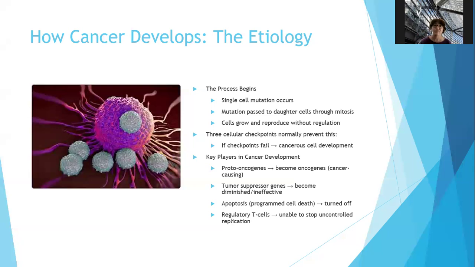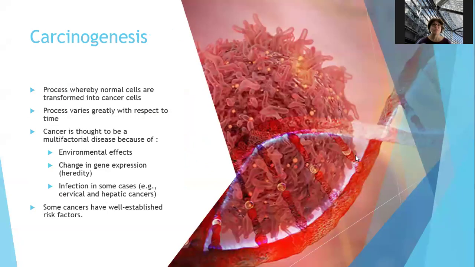So things go wrong. If you develop cancer, something's gone wrong. So carcinogenesis is the process by which normal cells are transformed into cancer cells. The process varies greatly with respect to time. Sometimes certain types of cancer develop very quickly, some of them develop very slowly.